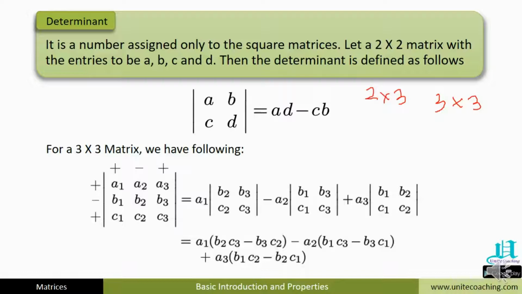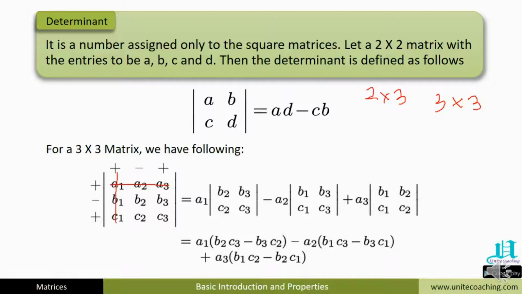How do we come up with it? We take the element A1, write it here, then remove the row and column in which this element is present, and take the determinant of whatever is remaining.